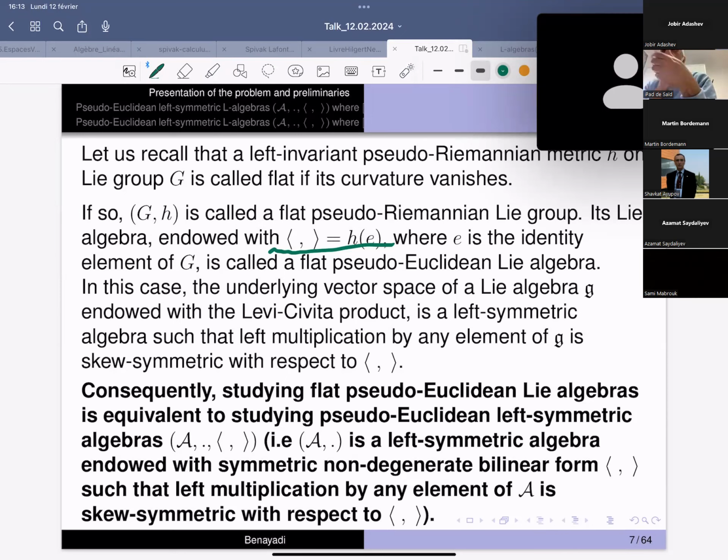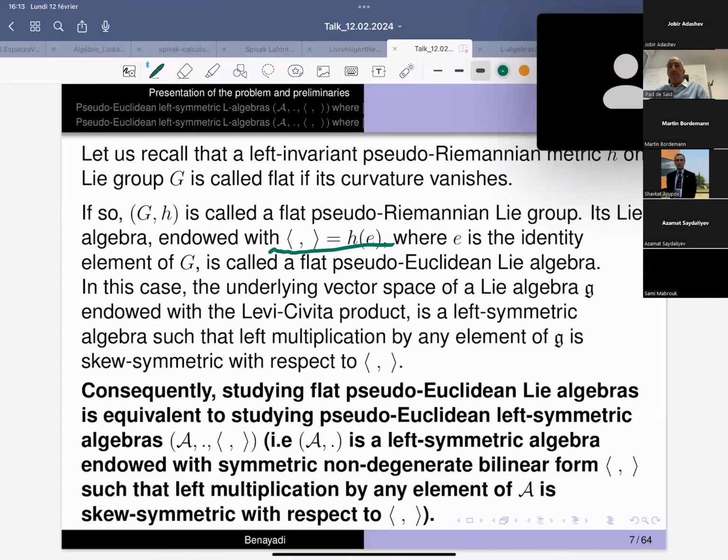If the pseudo-Riemannian group is flat, this is equivalent to its Lie algebra being pseudo-Euclidean and flat.